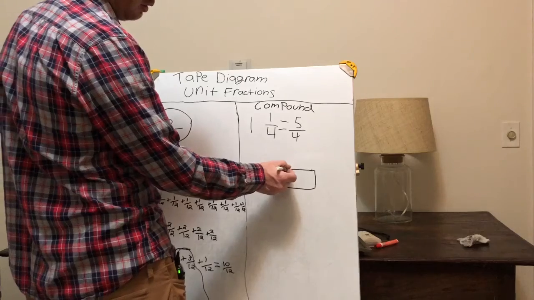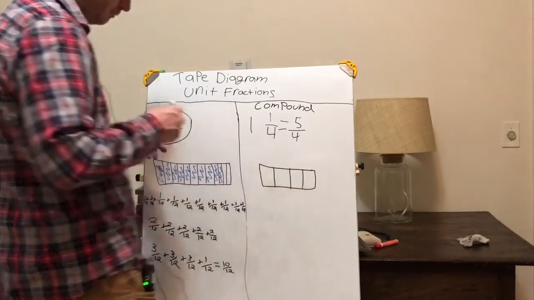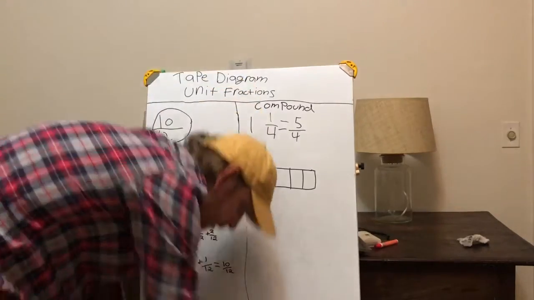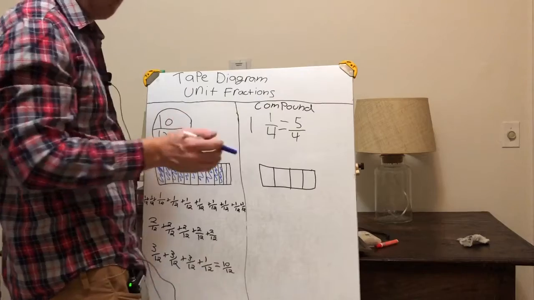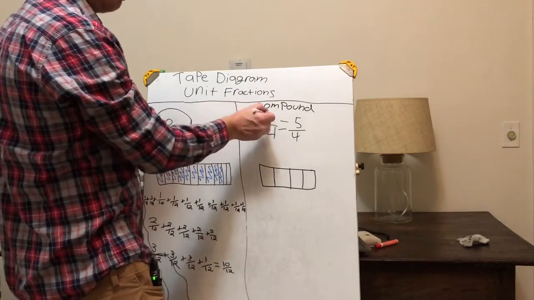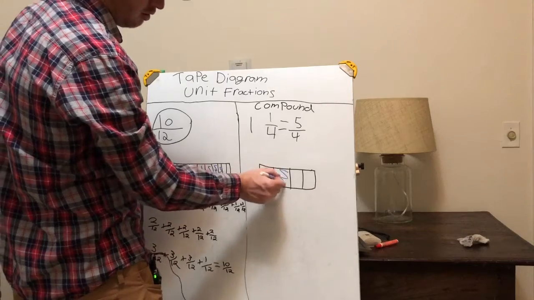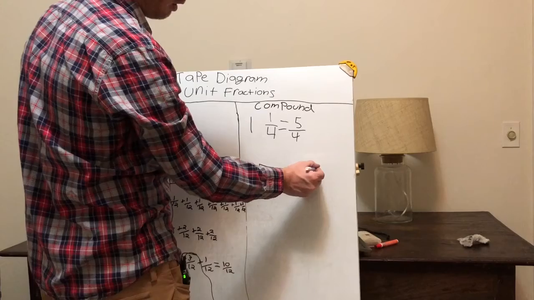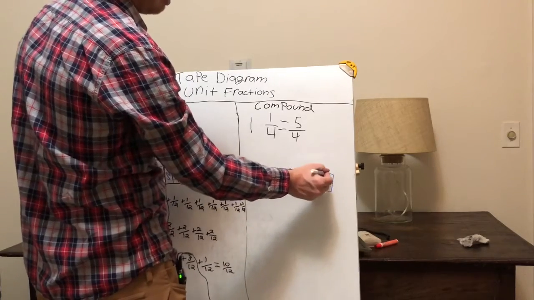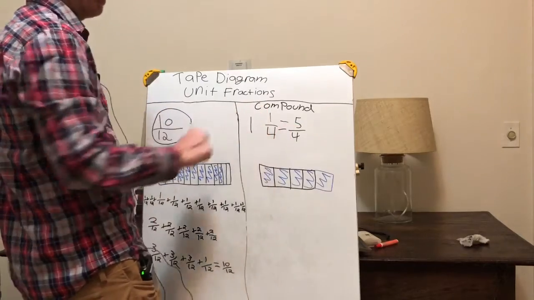So 1, 2, 3, 4. But then I have 5/4, or I have 4 over 4 and 1 more. So I'm going to color in my 4, and then I'm going to add 1 more and color it in, because that's my 1 left over, my 1/4.